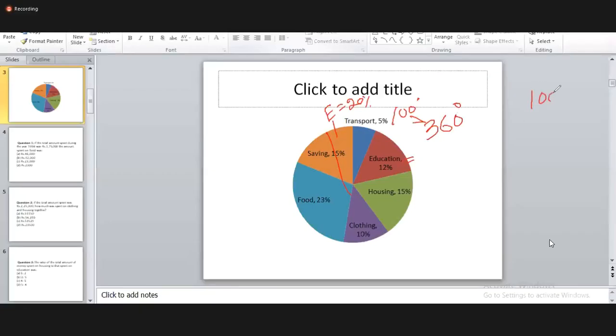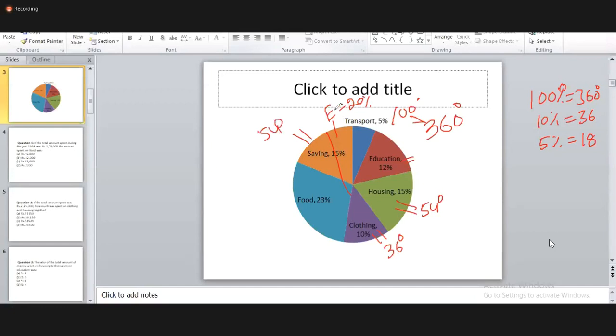If 100% is 360 degrees, 10% is 36 degrees. 5% is 18 degrees. So housing is 54 degrees, clothing is 36 degrees, agree? My savings would again be 54 degrees.